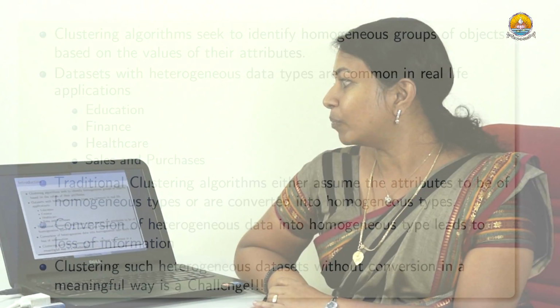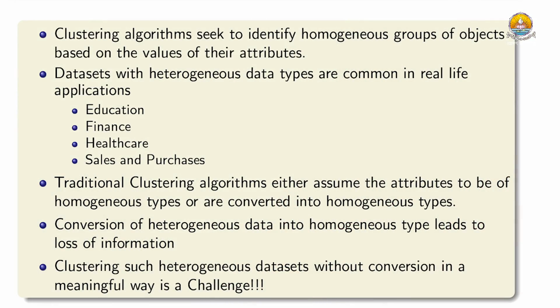To start with, all of you are aware of clustering, one of the main data analytics platforms, wherein it seeks to identify homogeneous groups of objects such that the inter-cluster distance is increased and the intra-cluster distance is decreased.